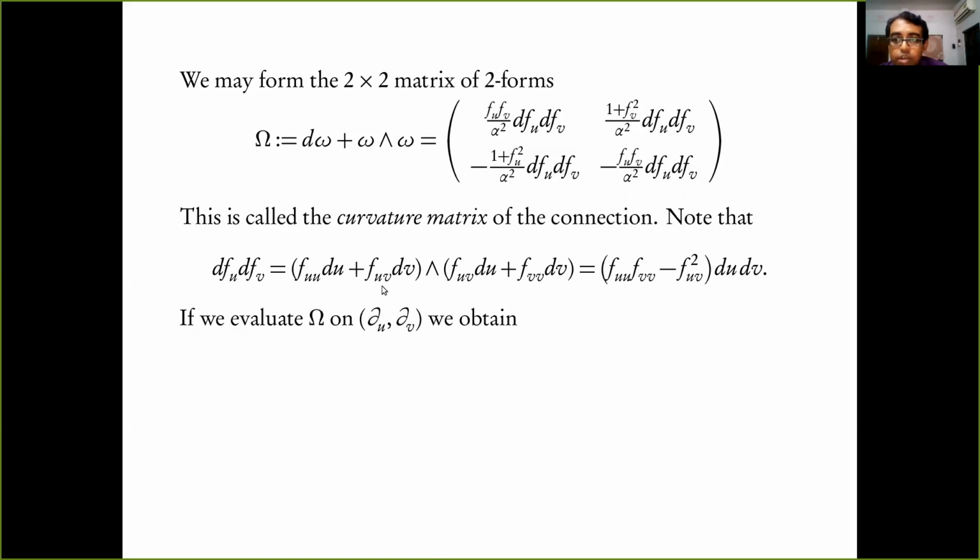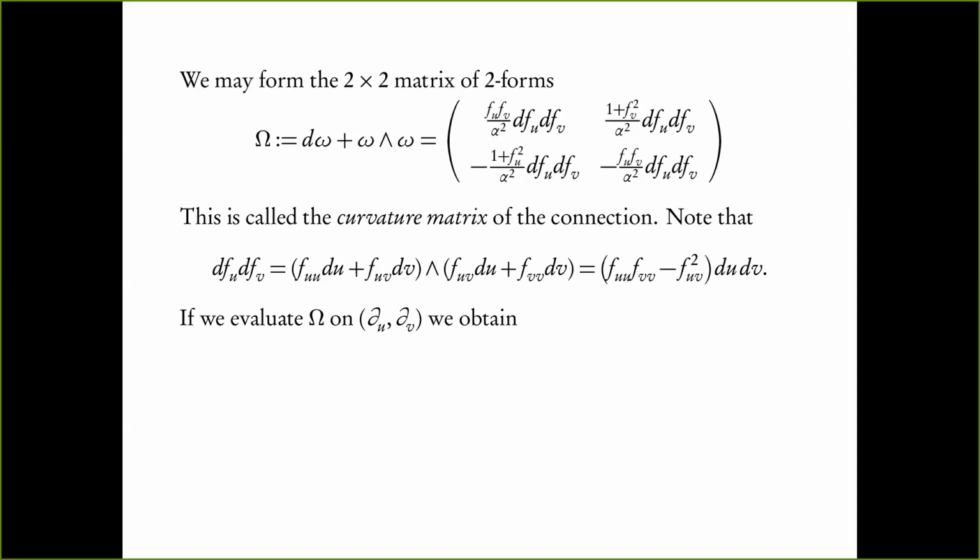Okay, so now what can you do to this? Well, you could basically say, I have omega, it's a matrix of two forms. What does a matrix of two forms do? Well, you have to input two vector fields to that. And when I input two vector fields, what I get is an honest 2 cross 2 matrix of functions. And then I can evaluate such a matrix on two vectors, one as a column, one as a row, and what I'll get would be a scalar or a function, right?